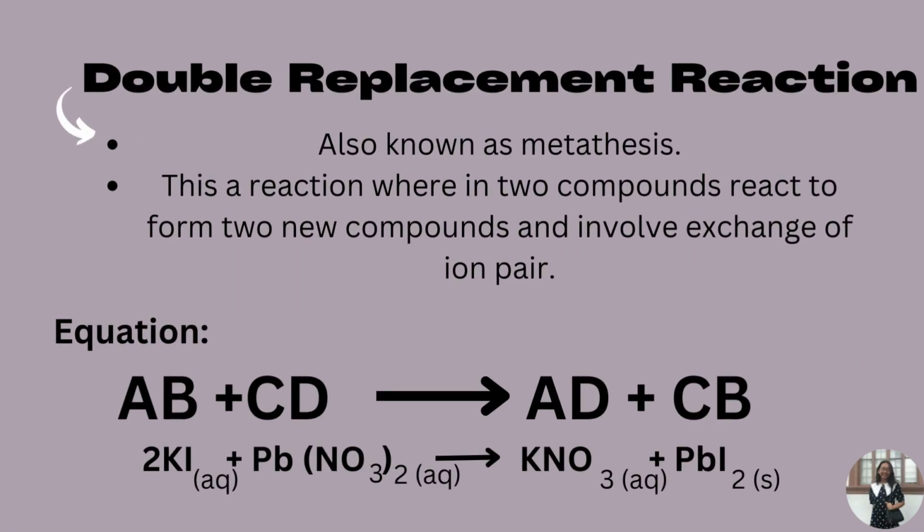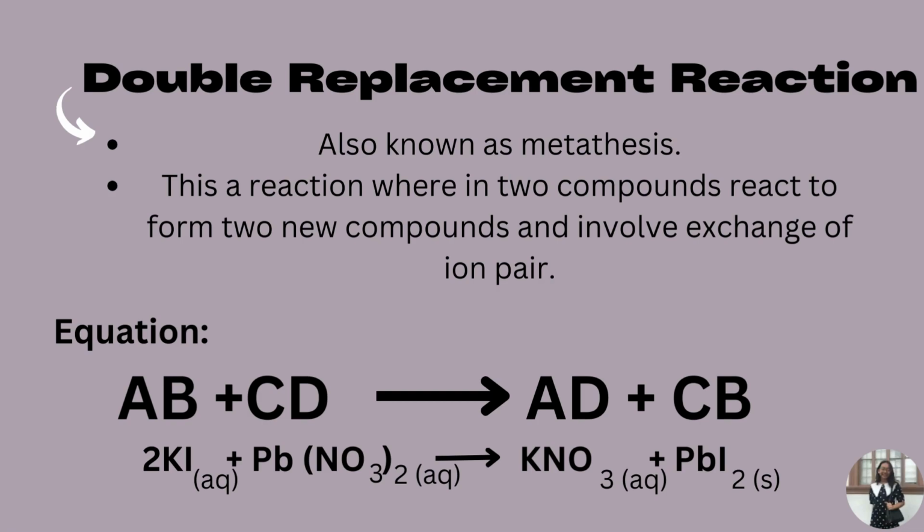Last, we have double replacement reaction, also called metathesis or yung change of position or condition. This is a reaction wherein 2 compounds react to form 2 new compounds and involve exchange of ion pair. This can be described by the equation AB plus CD yields to AD plus CB. So dito, nagpalitan silang lahat ng naging partner.